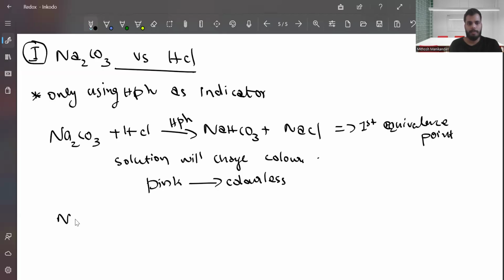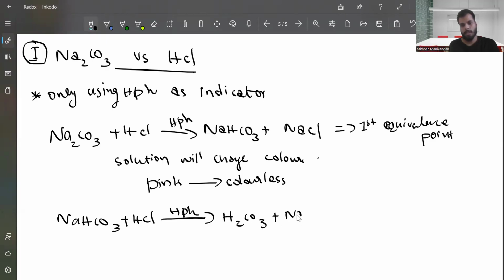The second thing that can happen is NaHCO3 reacting with HCl. You need to understand this NaHCO3 is created from the Na2CO3, right? We have HPh in the solution. We get H2CO3 plus NaCl again, correct? Let's say this is the second equivalence point, right? Whenever this reaction happens and the equivalents are the same, the second equivalence point is reached.